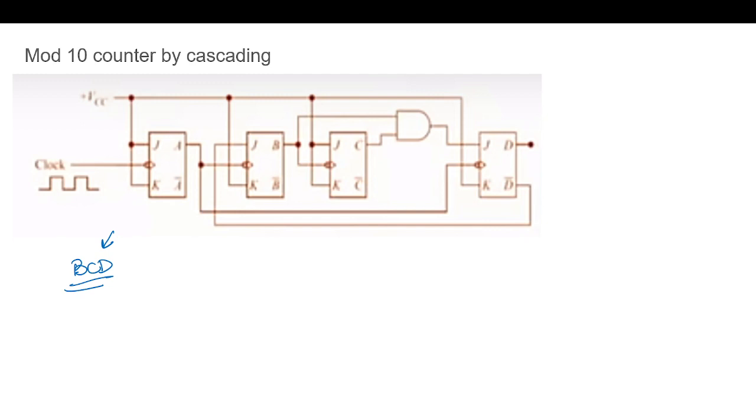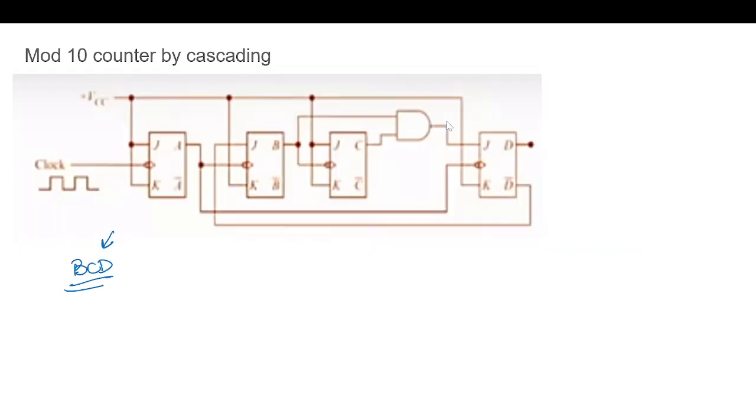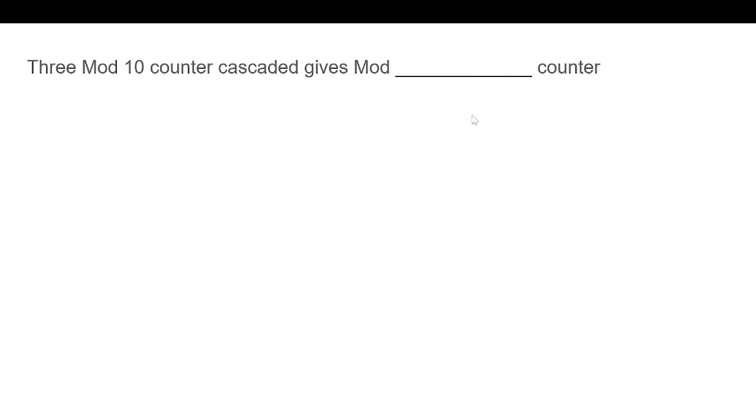We have just modified this connection in this circuit. Next is okay, 3 mod 10 counters cascaded will give a modulus counter. So we have 10, 100, 1000. Will be mod 1000 counter.